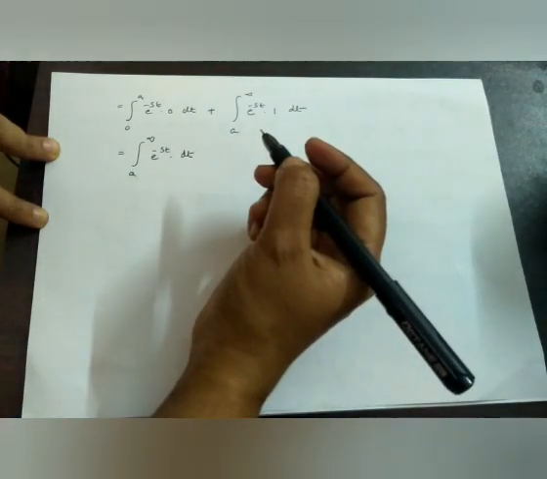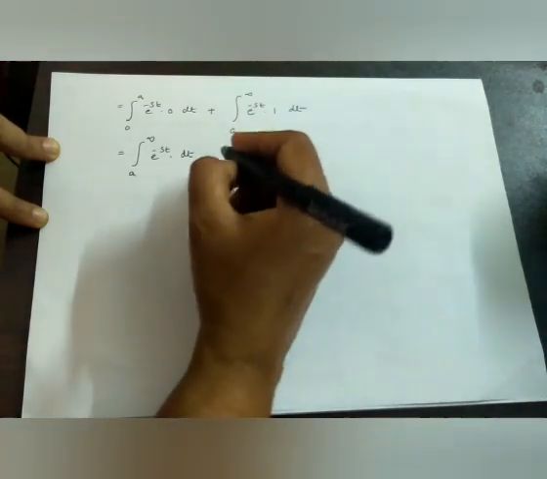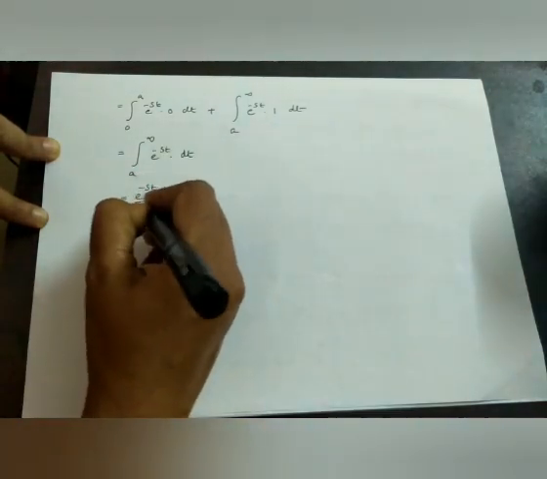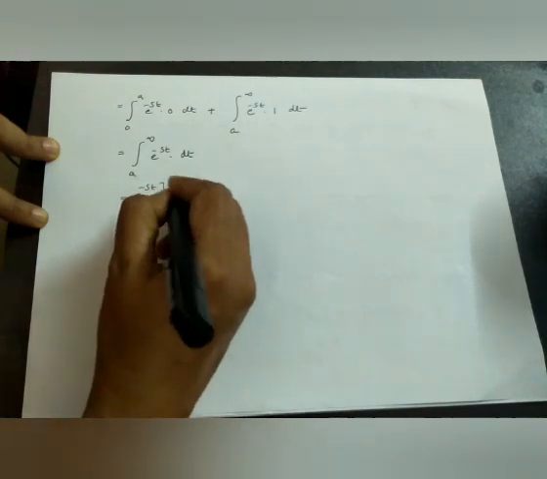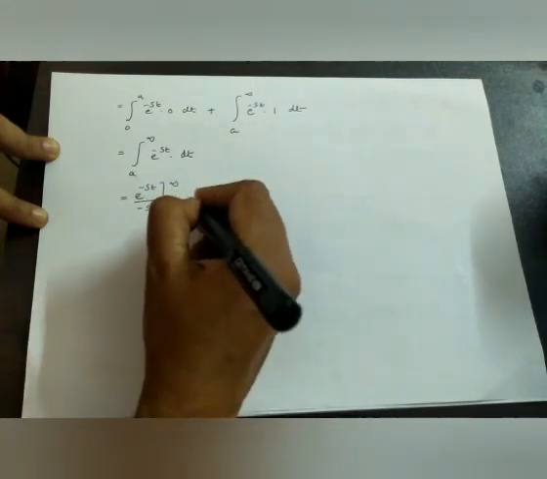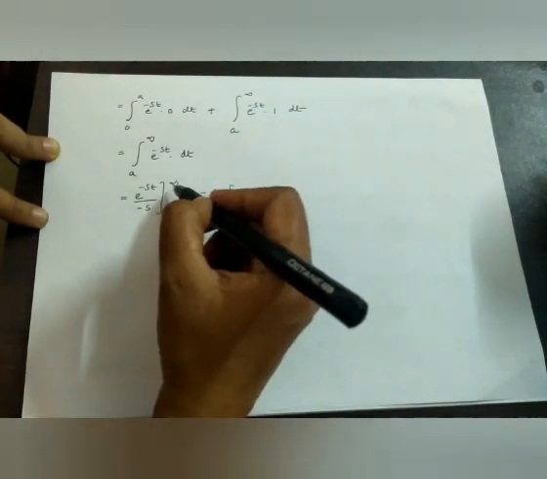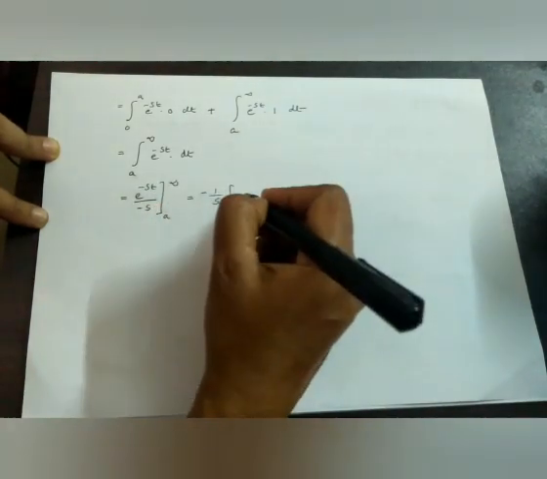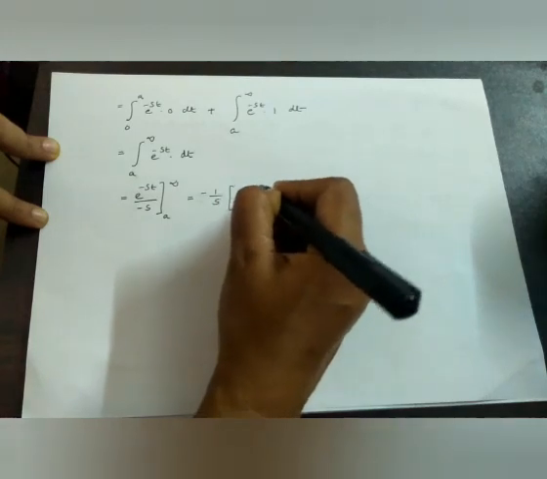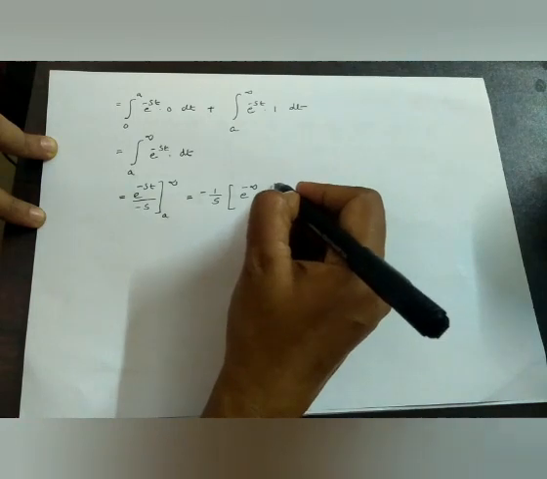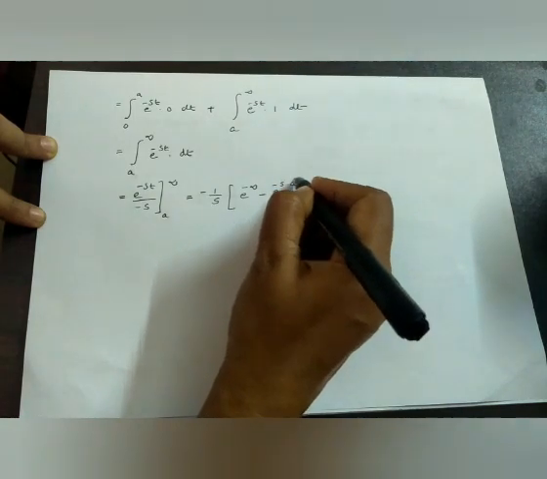Now, integrating this with respect to t, we get e raised to minus st by minus s, limit from a to infinity, which is equal to minus 1 by s. Then applying the limits, for the upper limit we get e raised to minus infinity, and for the lower limit we get e raised to minus s into a.